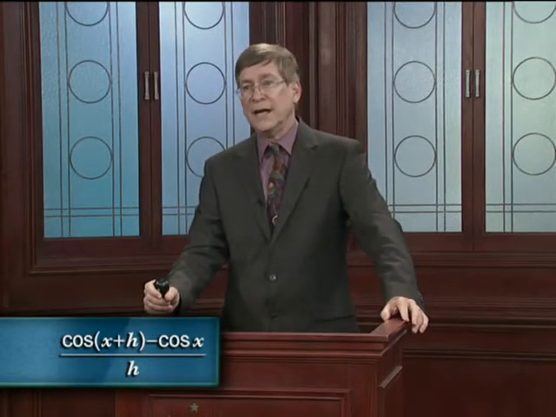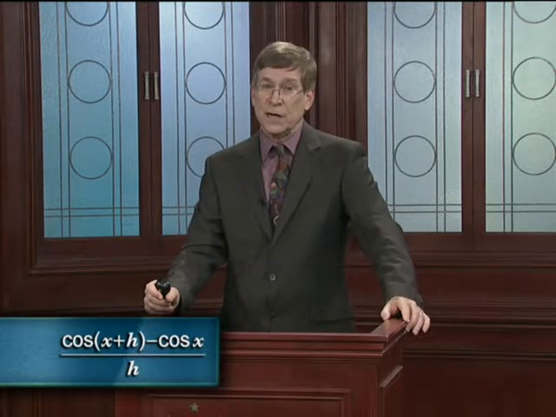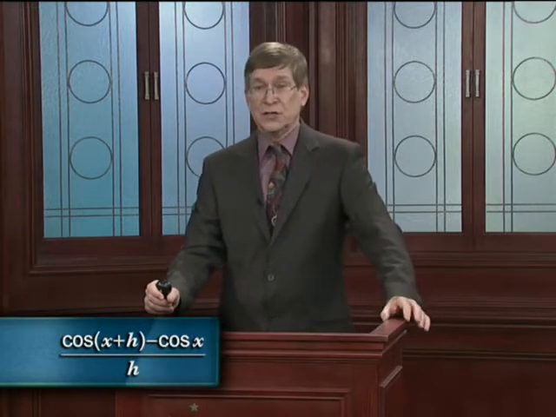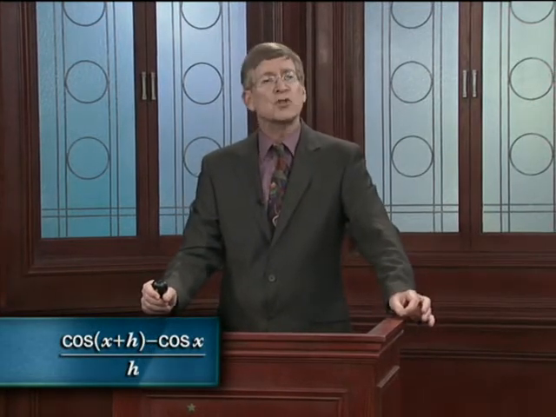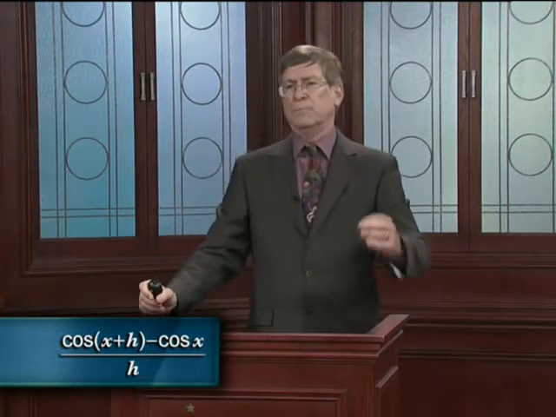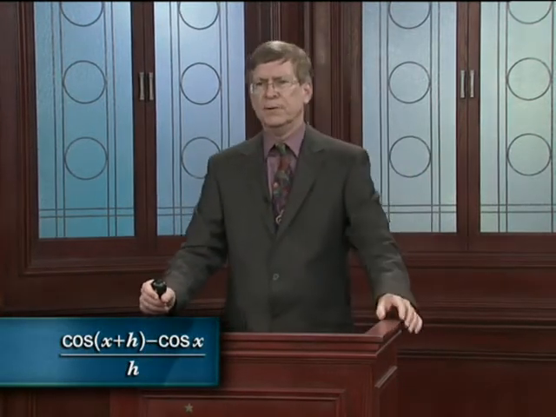So I'm going to begin by analyzing a certain kind of obscure expression. The numerator is cosine of x plus h minus cosine x, and the denominator is just h. h is some small number. Think of h as being like 0.01, some little bitty number.